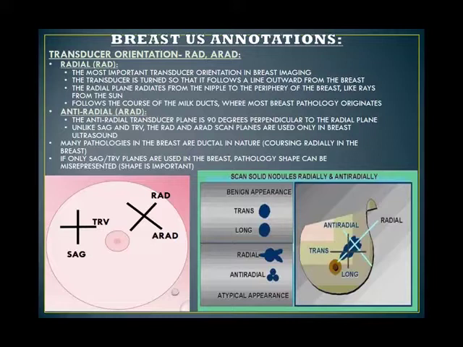So the anti-radial plane is exactly opposite to that. If our ray of sunshine goes like this, and I have my transducer go along that ray of sunshine, my anti-radial plane would be exactly opposite that.